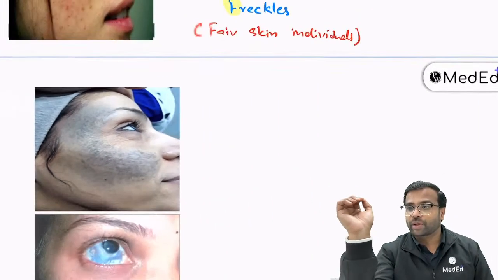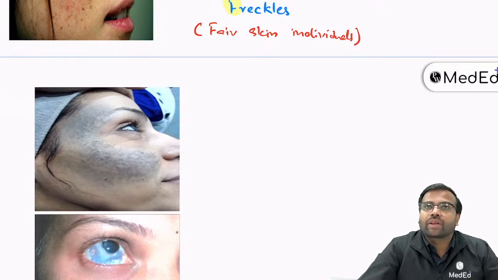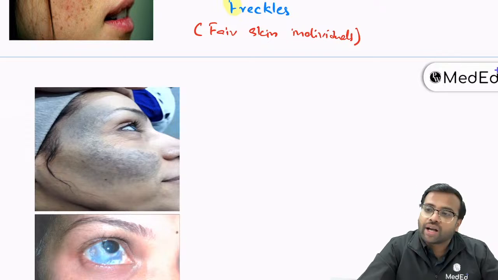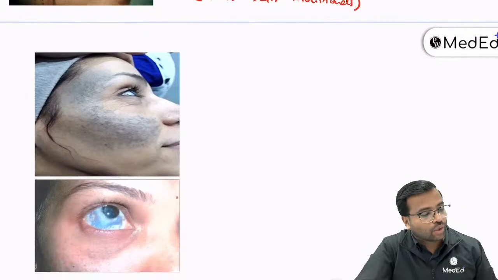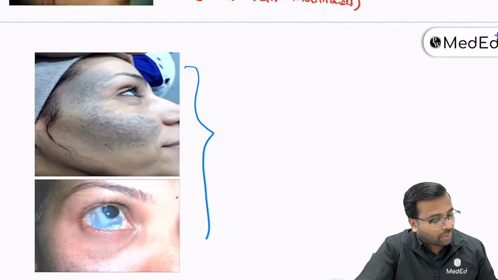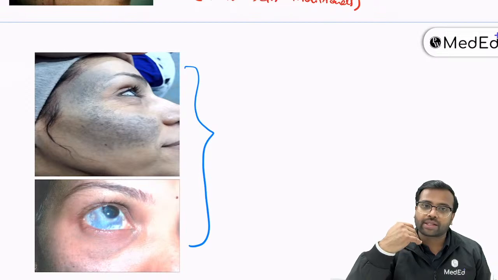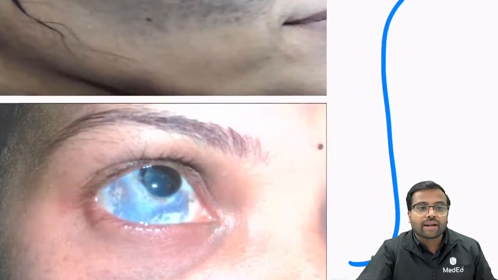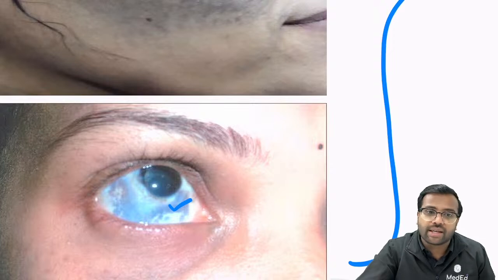So blue, okay. Black is usually when you have something like a mole. Let's say there is a mole. Here this is going to be grayish color or it can be blue color. So imagine you have got a patient like this who is having a bluish discoloration over the face, and when you examine the sclera of the patient, you can see some bluish discoloration over the sclera as well.